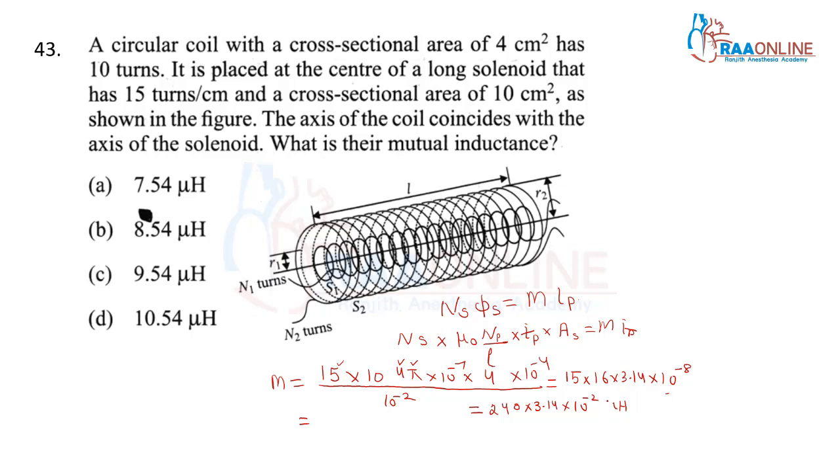It is now microhenry; initially it was Henry. So 24 into 3.14, 72, we will go with 7.54 microhenry. So the nearest answer is this.